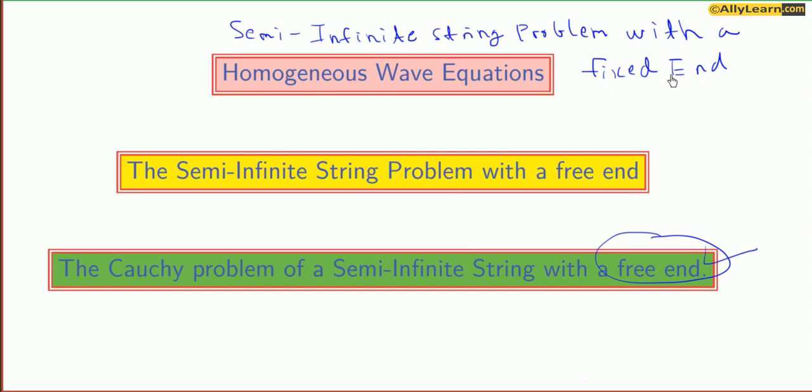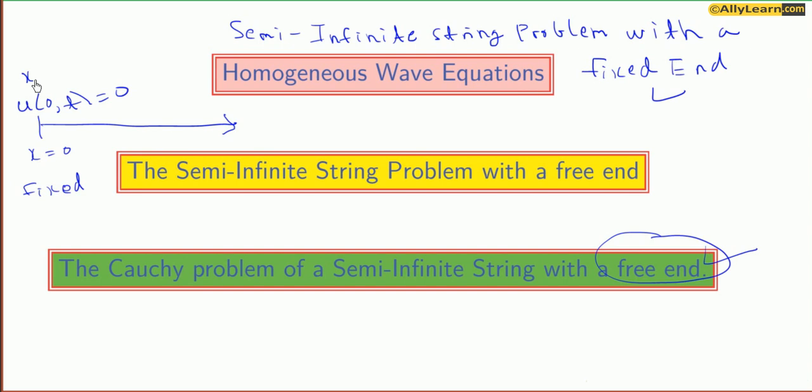Now friends, in our previous video lecture we had considered this semi-infinite string problem with a fixed end. What happened in this problem was that in our string, one end, that is x equal to 0, was fixed, and what we meant by this fixed end was that the displacement at this point was 0.